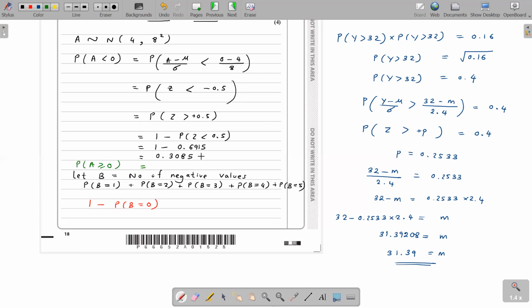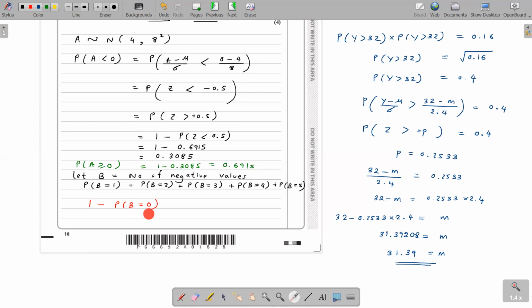The remaining probability should be the positive probability. How much is it? 1 minus 0.3085 is 0.6915. This is the probability that a single digit is positive.